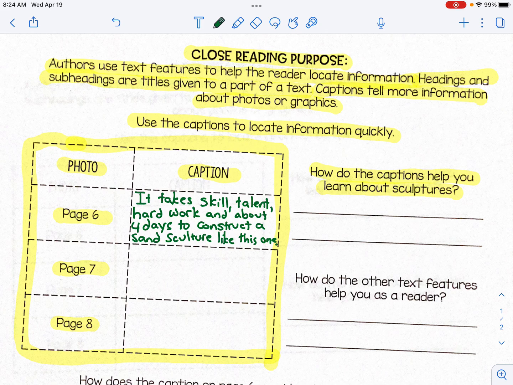Okay, so for the first one, I'm going to write the captions told me more about the picture, right?